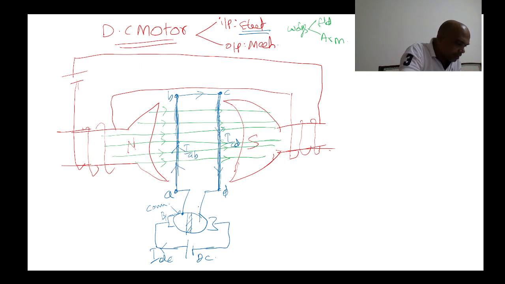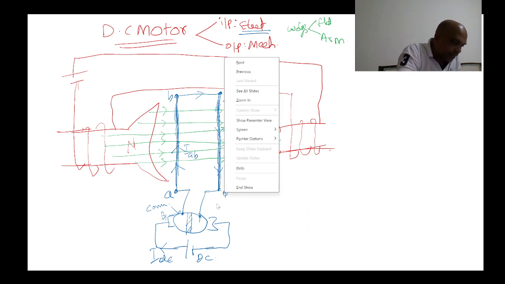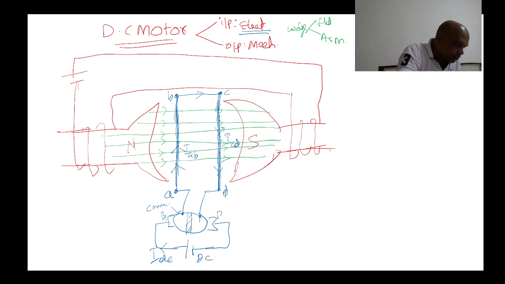After point D, to brush 2. So this is the direction of current. Current flows from positive to B1, B1 to commutator, commutator to A, A to B, B to C, C to D, and D to B2.